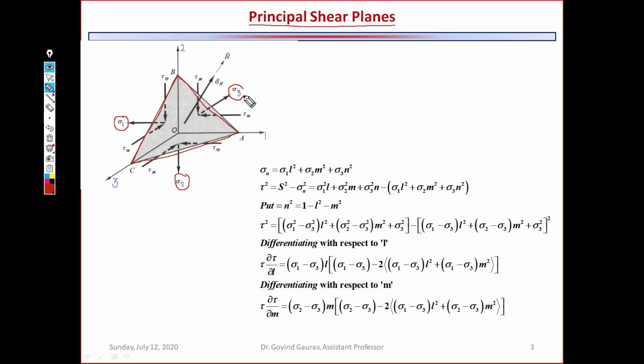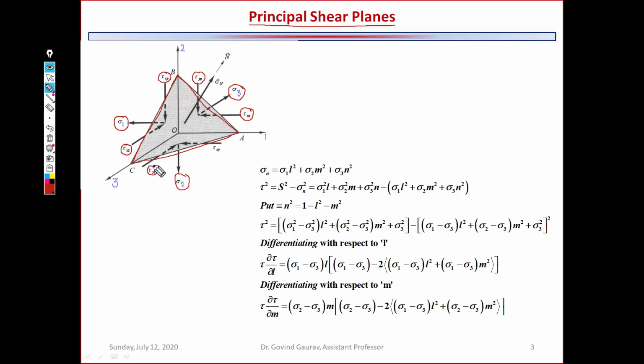These are the principal normal stresses. Why? Because on these planes only the values of the normal stresses act and no shearing stresses act on these particular planes. It won't be subjected to any values of the shearing stresses, so these values will be 0 in our case.